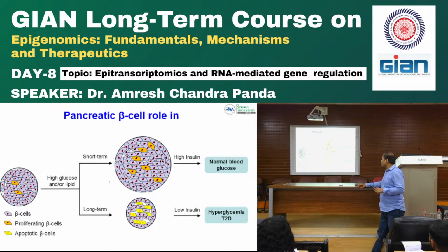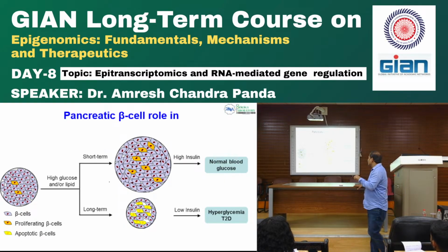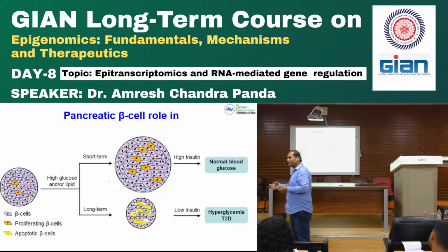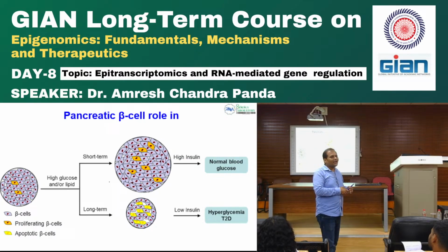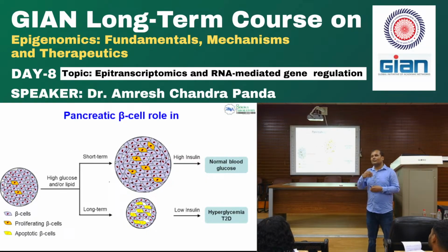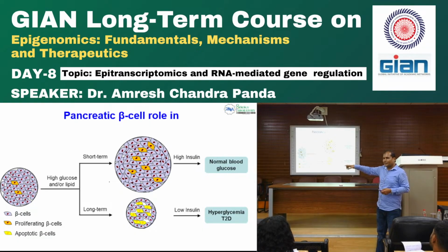Okay, and as I said, if you have high glucose or high lipid for a very long period of time, in the short term you will have more beta cells, more insulin secretion, and then when the glucose level goes down, beta cells also think, okay, everything is normal now, I can rest. But if it happens for a very long time, then the beta cell will go into apoptosis, because every cell has a lifetime and only so much they can work. You cannot be running every day for 12 hours.